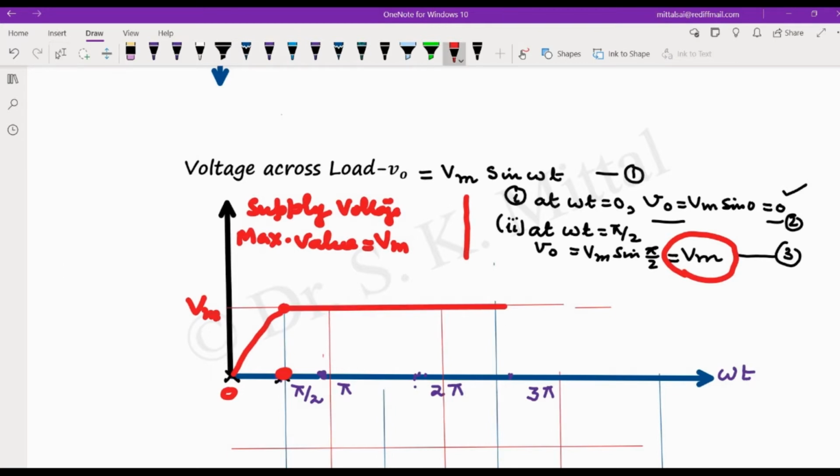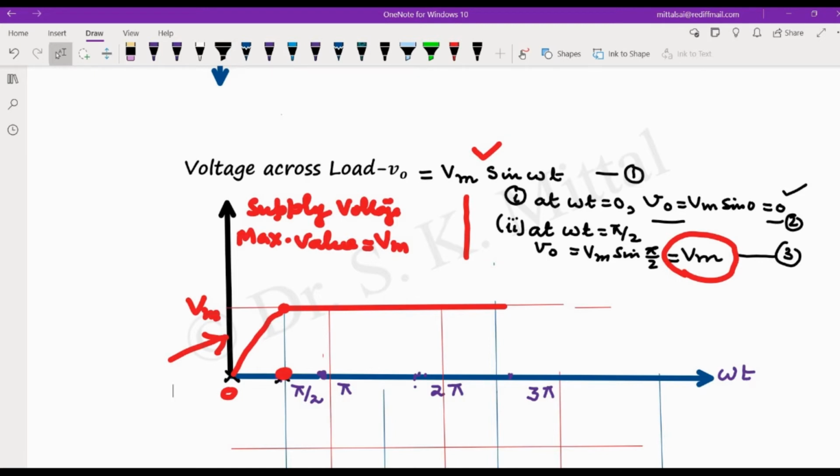So this is the expression for voltage across the capacitor, and according to this expression, this is the waveform. In this waveform, from this expression we have calculated first the voltage across the capacitor at omega t is equal to 0, then at omega t is equal to pi by 2.